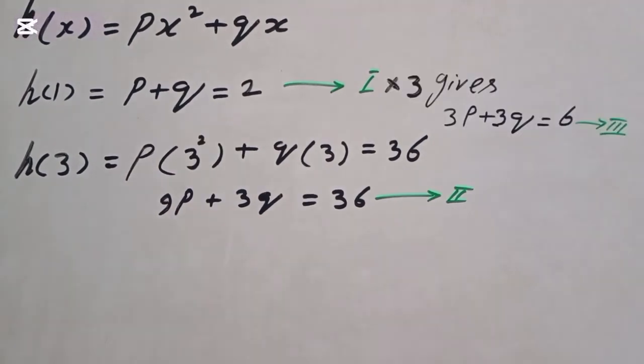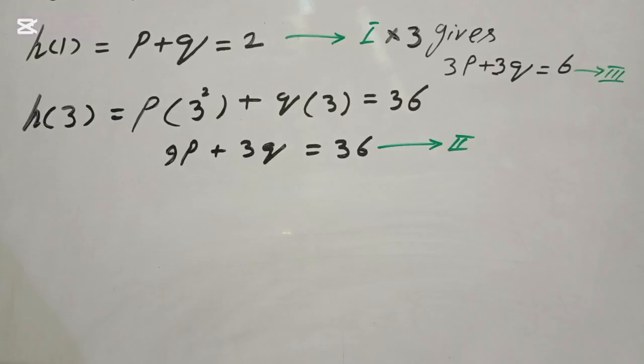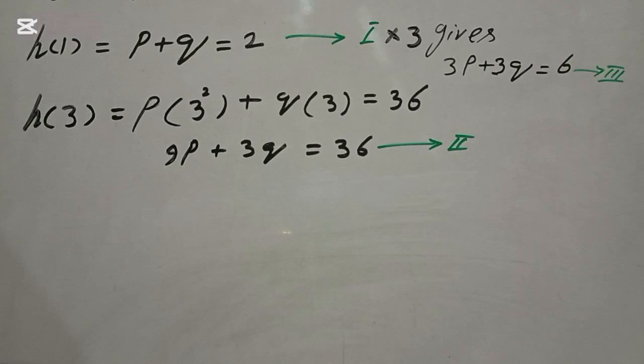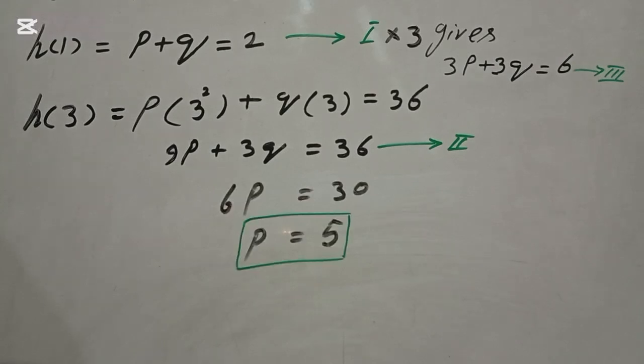Multiplying equation number 1 with 3 makes the coefficients of q equal to one another. Now subtracting equation number 3 from equation number 2, we get 6p equal to 30. It results p equal to 5.